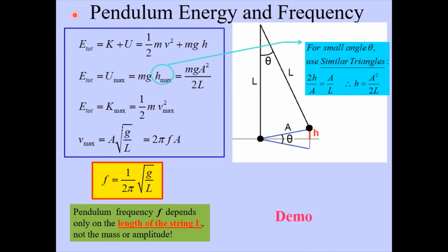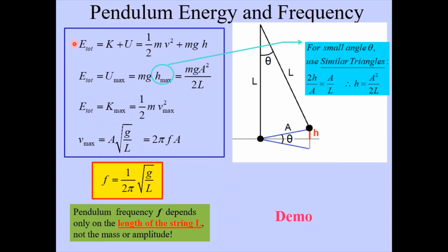So this chart here, or slide, has several formulas for pendulum energy and frequency. I'm not going to go through the details of deriving all these formulas. Instead, we're just going to use the results to figure out some of the characteristics of the pendulum.